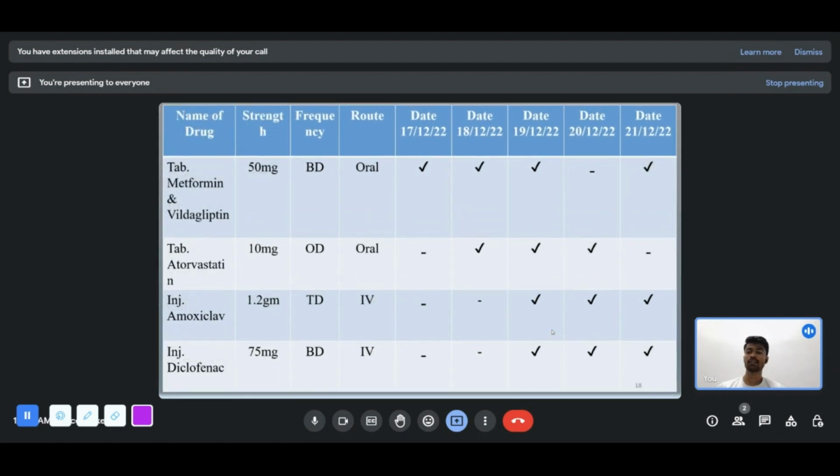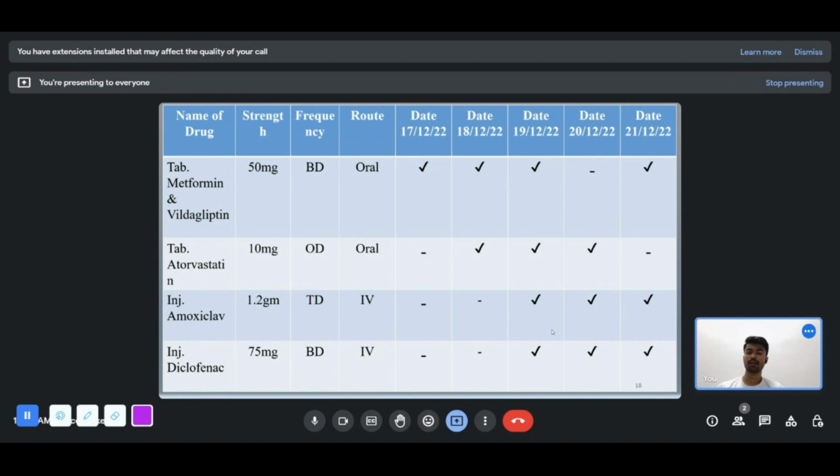Next name of the drug is anti-diabetic drugs, that is metformin and vildagliptin. Metformin is a drug of choice for euglycemia. It doesn't have the side effect of hypoglycemia, and nowadays it is a drug of choice. It is a combined dose formulation of metformin and vildagliptin.